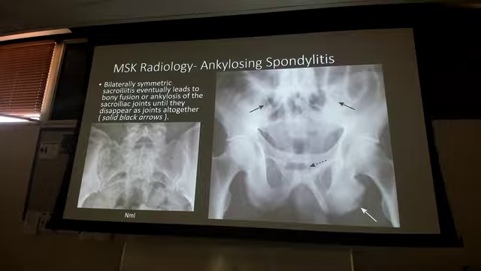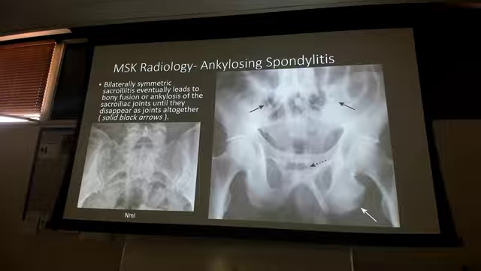On top of that, does anybody see anything else that's fused together? The pubic symphysis, that black dotted arrow. I should have a gap here. I don't. That pubic symphysis has also fused together due to the ankylosing spondylitis. And then I'm starting to have some erosions of the pubic rami, the ischium right down here.